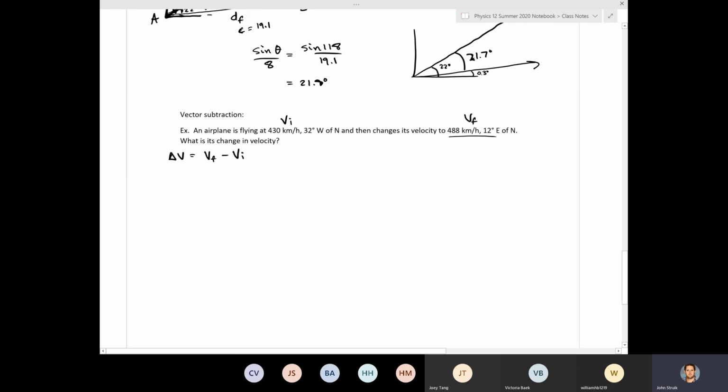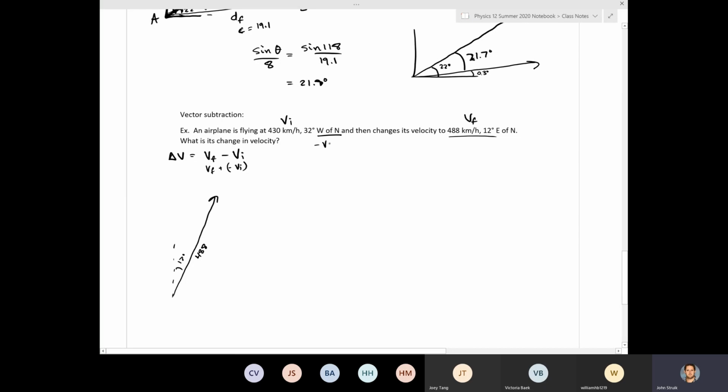Which way is that one going to go? It's going to go east of south, so that's that way, so I'll draw it over here. So it's something like that, and I'll keep it nice and big. So this is 12 degrees, and this is 488 kilometers per hour. And then to that, we're not doing VF minus VI, we're actually doing VF plus negative VI. We're going to take VI, which used to be west of north, but we're going to deal with negative VI.